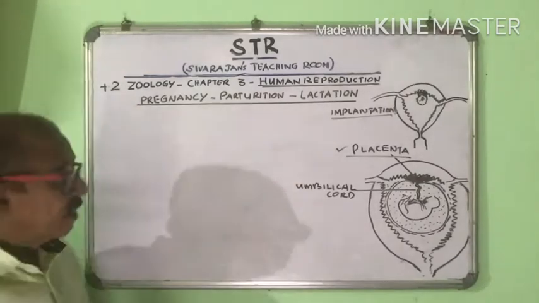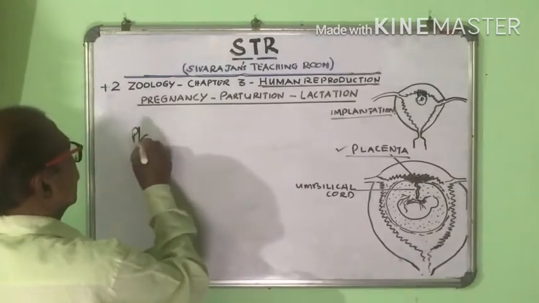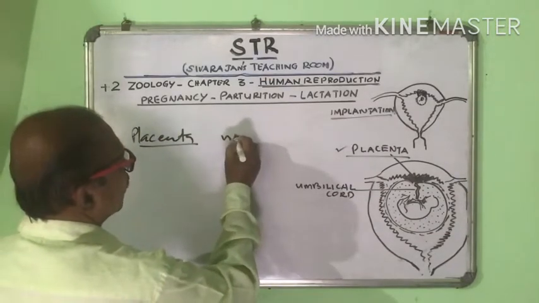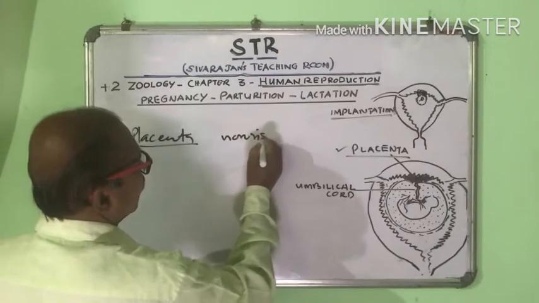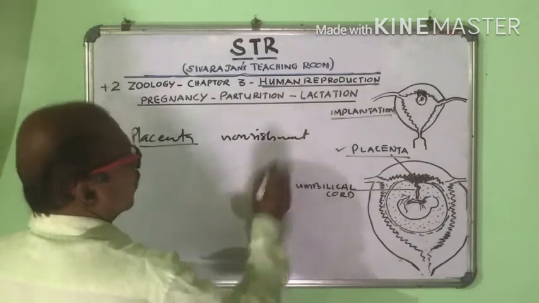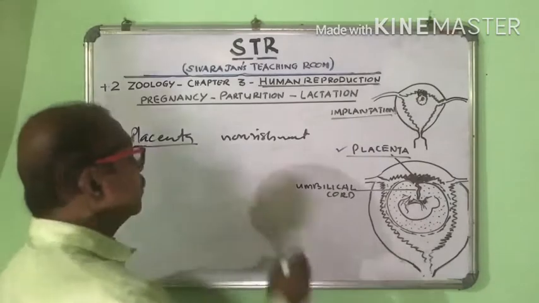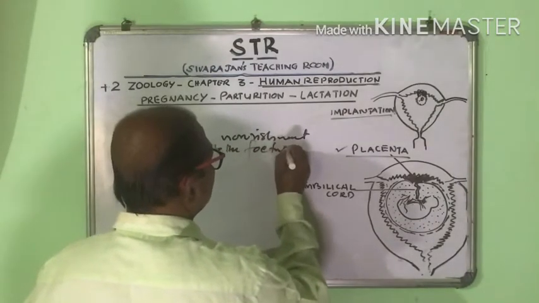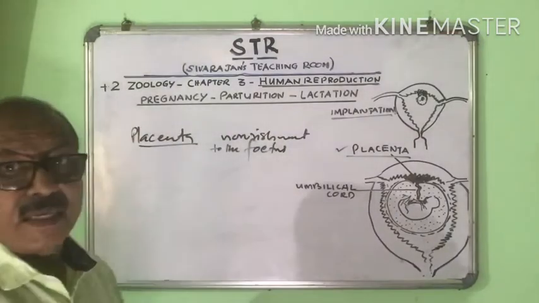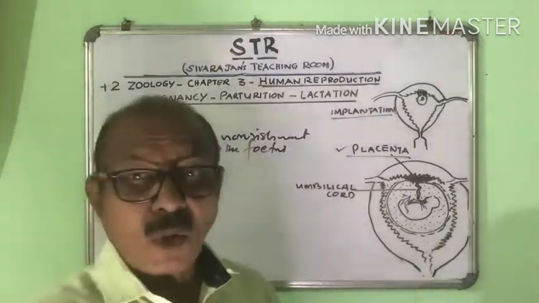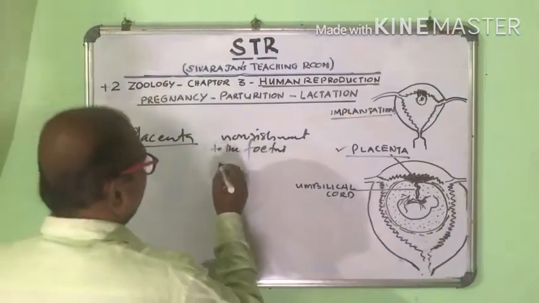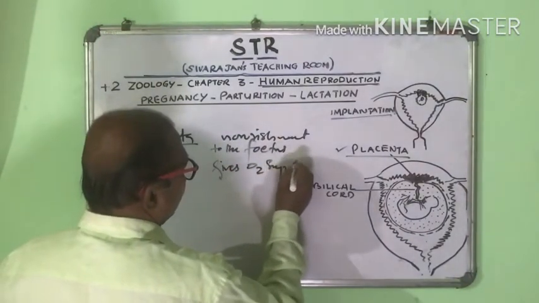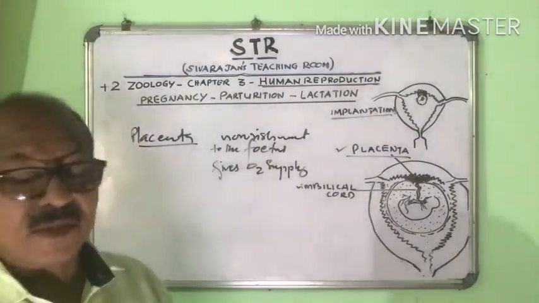The placenta gives nourishment to the fetus. It gives oxygen supply to the fetus.